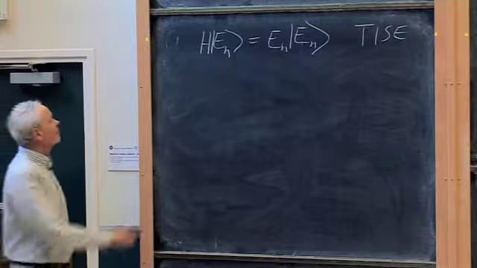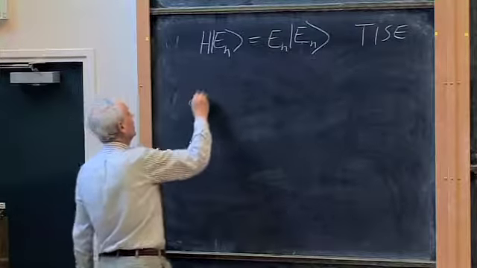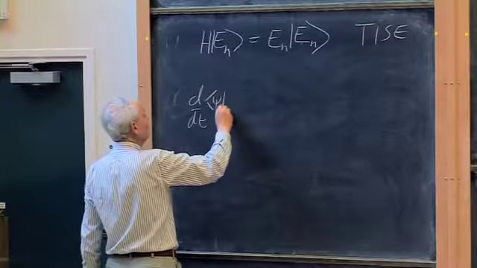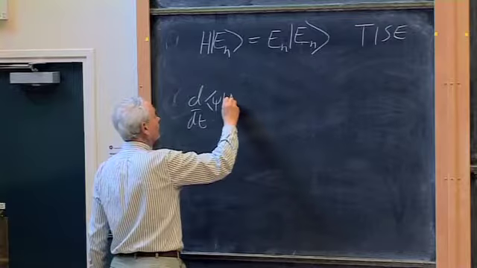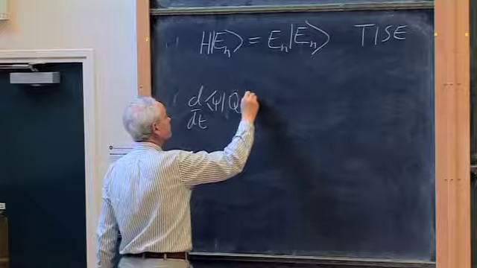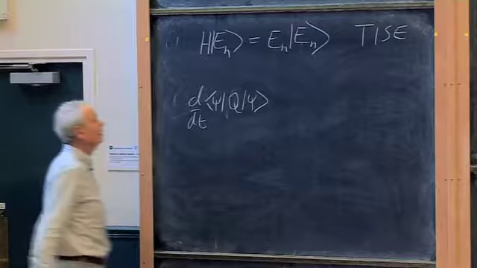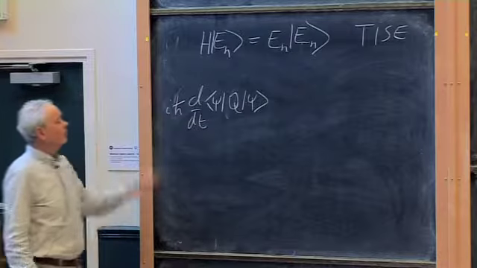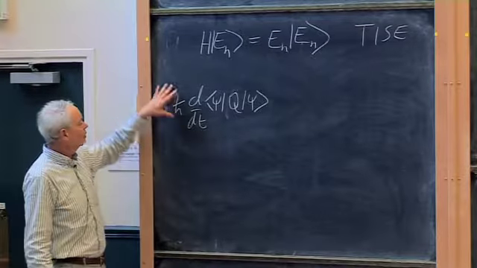So what we want to do is calculate d by dt of the expectation value of some observable, I think we're calling observables Q. And let's put an i h bar in front just in order to simplify the algebra.